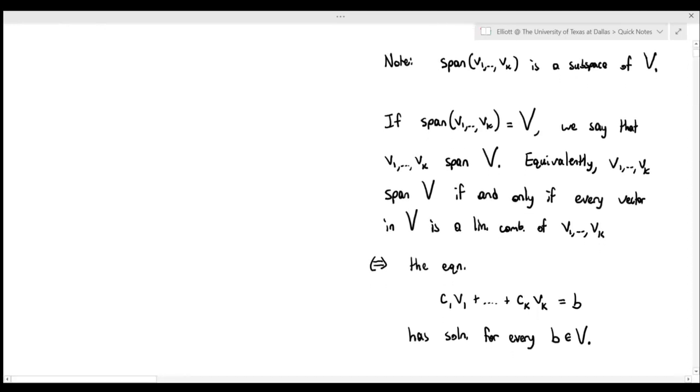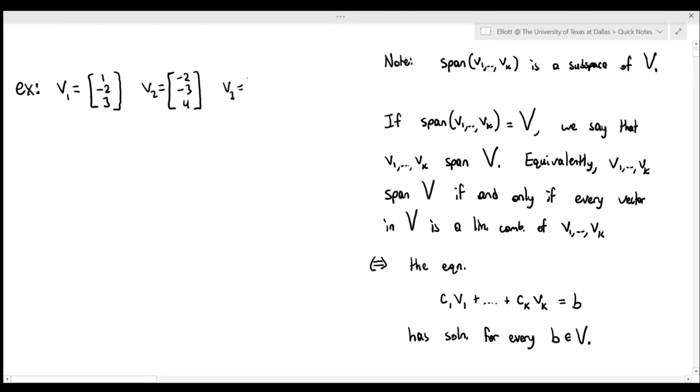Okay, so then with that, let's just look at an example. Let's take 3 vectors and we'll work in R3 for now. So that's vector V1, V2, let's make that -2, -3, 4.